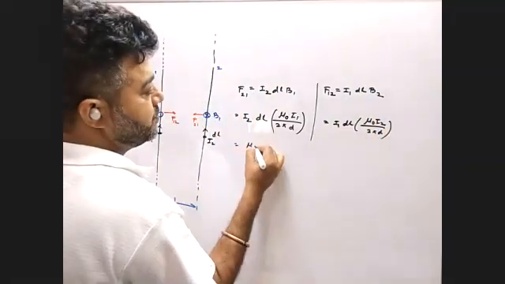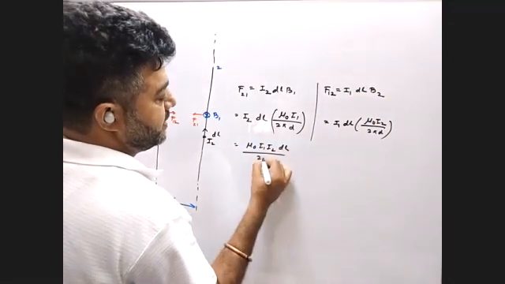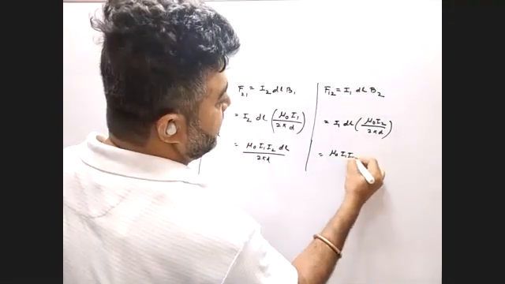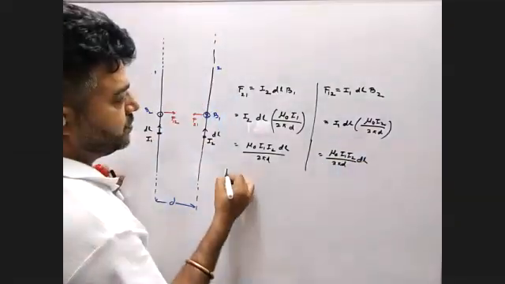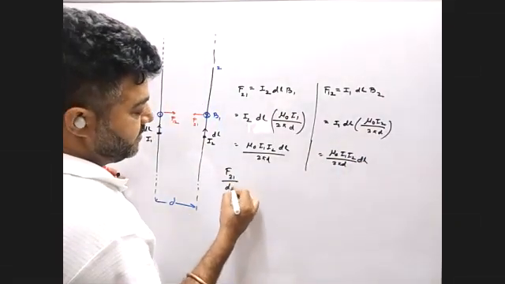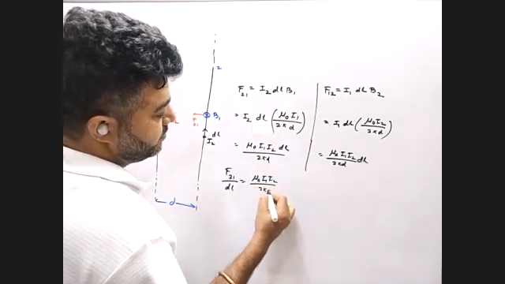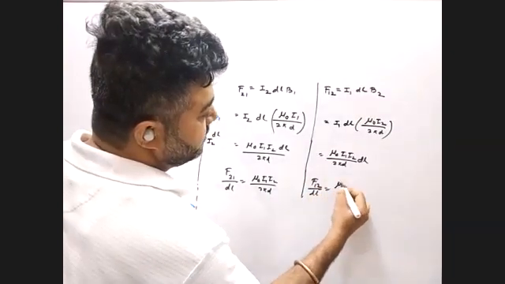So mu naught I1 I2 dl by 2 pi d. So the force per unit length is mu naught I1 I2 by 2 pi d.